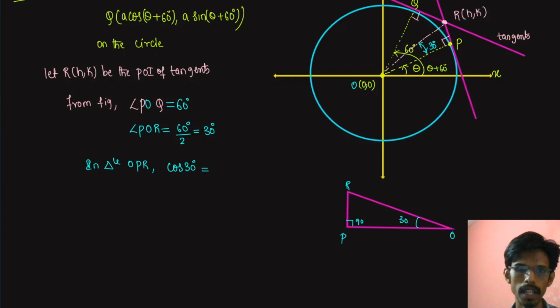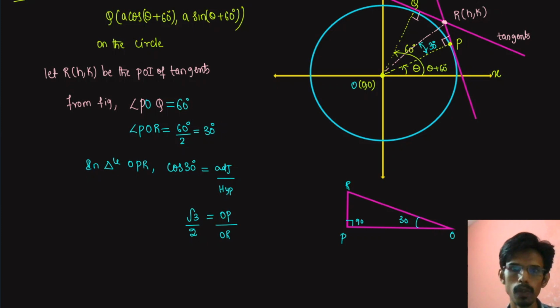Cos 30 is root 3 by 2. OP is the radius, because from the center to any point on the periphery is the radius.